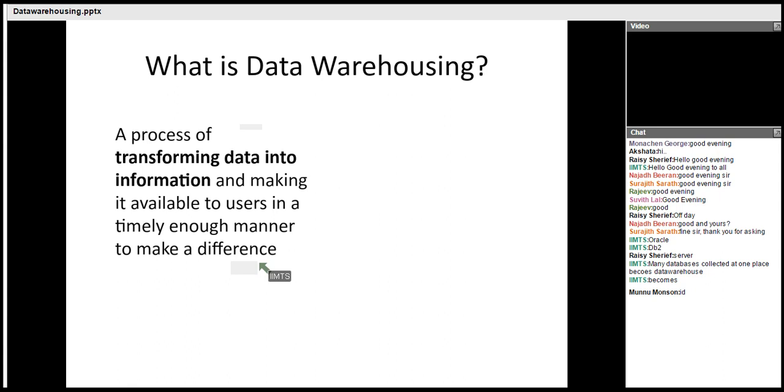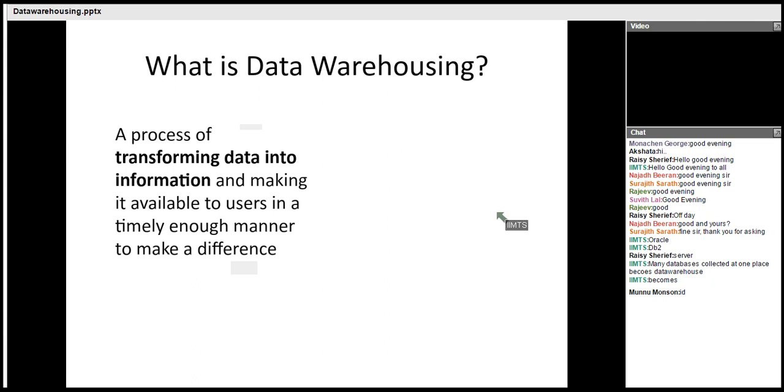A data warehouse is a place where all the data from different sources is captured and stored. Data warehousing is transforming that data into meaningful information and providing it to the users, customers, or the top management of the particular office, so that it can make a difference and help them in decision making.